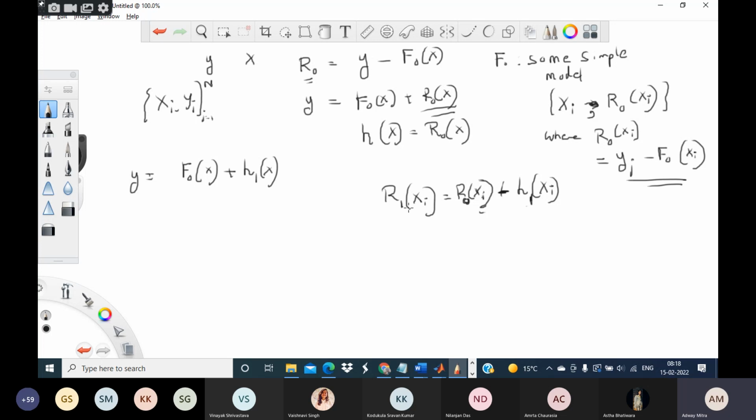There is still a difference. That difference is r1 x. Correct? So now I have to just proceed in the same way. Now I create another data set. From xi, I now want to predict this r1 xi. So the new data set looks like this, xi, r1 xi.